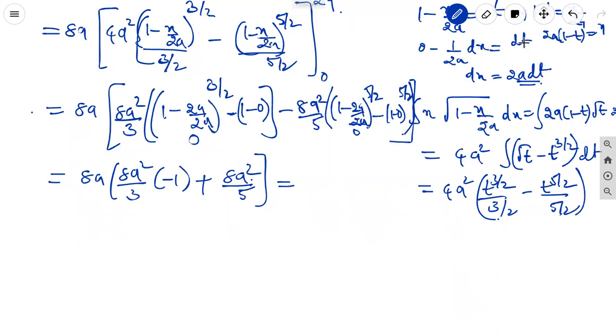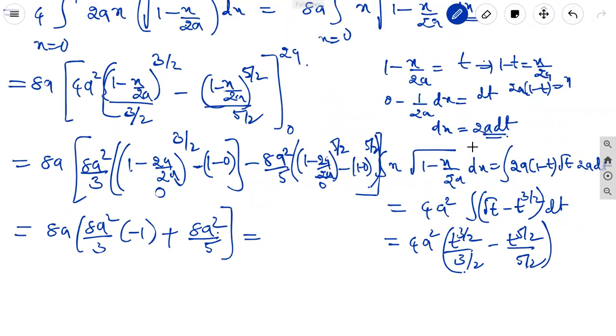Here, are we getting any minus here? Just a minute. Yes, in this here dx equal to minus 2a dt, so it is minus. This is minus. Here minus into minus plus. Here we are getting 4a square. Yes, here minus, minus into minus plus.